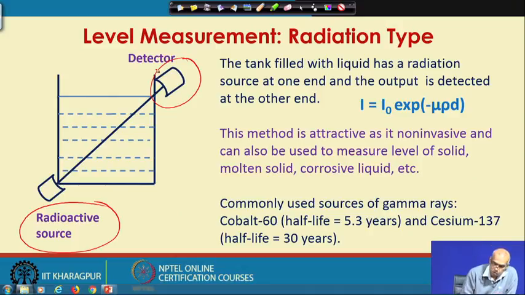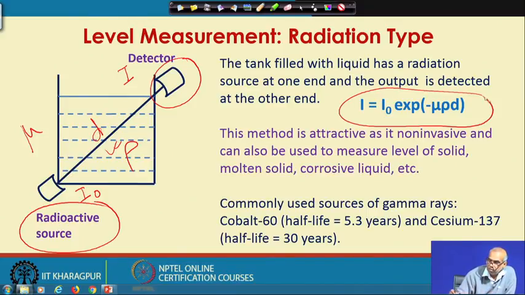So, this radioactive source emits a radiation with intensity I0, and let us say the detector detects the intensity as I. The mass absorption coefficient is mu and the density of this medium is rho. So, the distance travelled is this d, which can be found out from this equation, provided we have measured I0, I, and of course, we should know mu and rho.